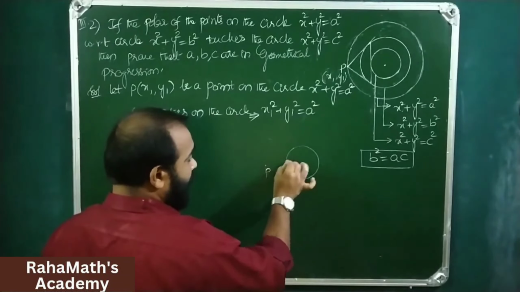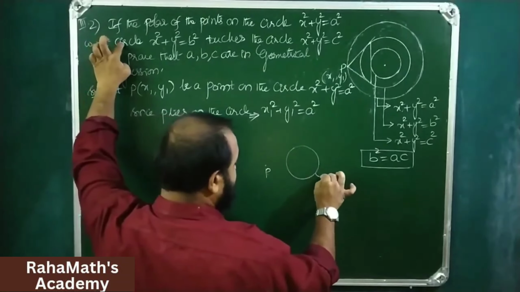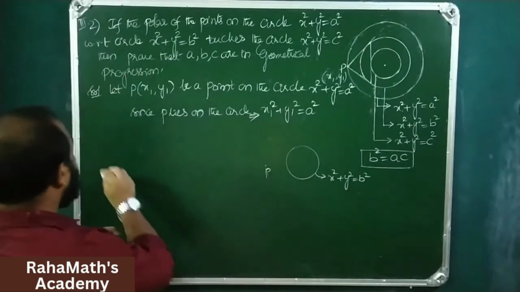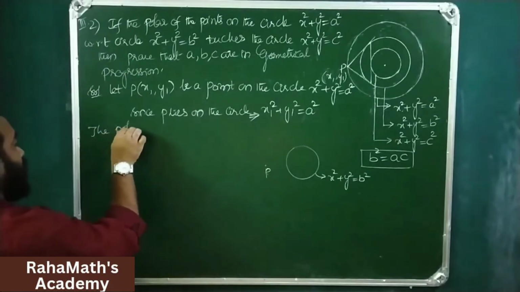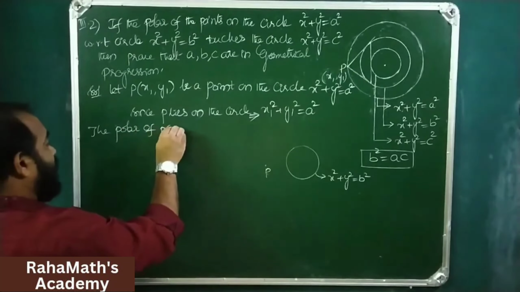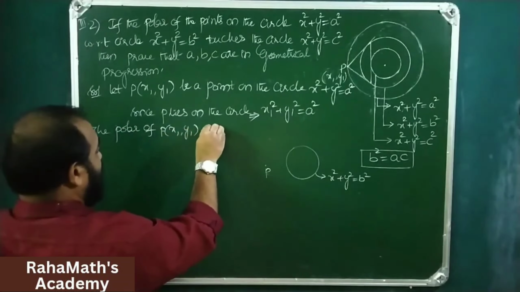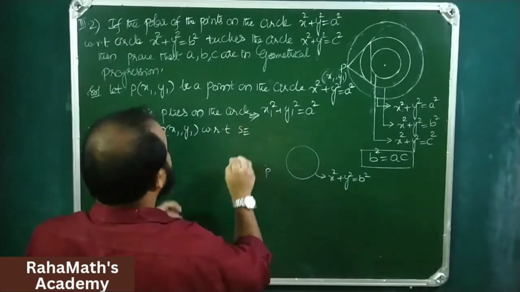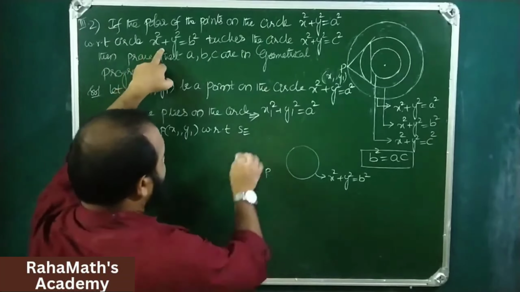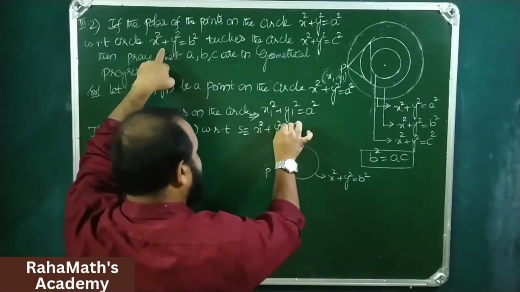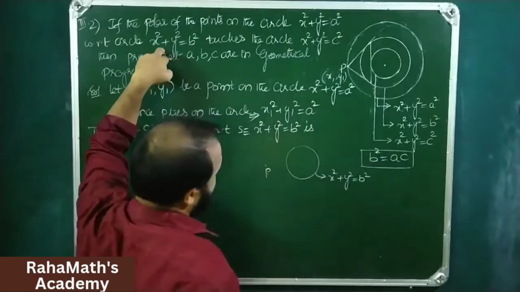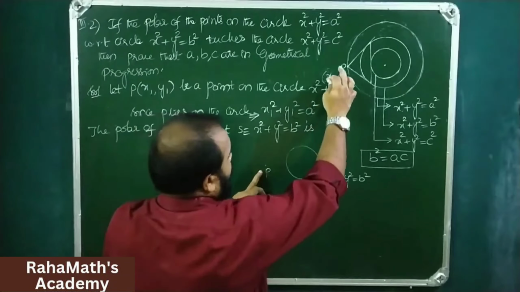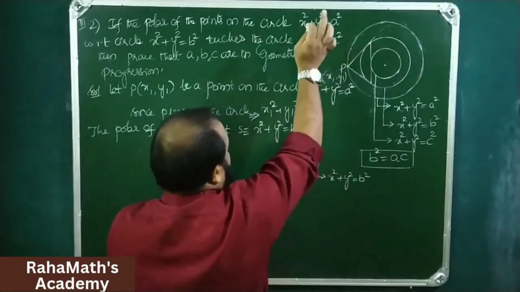So the polar of P(x1, y1) with respect to the circle x square plus y square equals b square is... This point P(x1, y1) lies on the big circle x square plus y square equals a square.